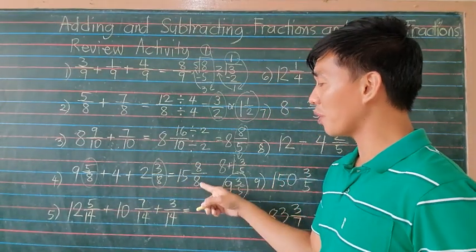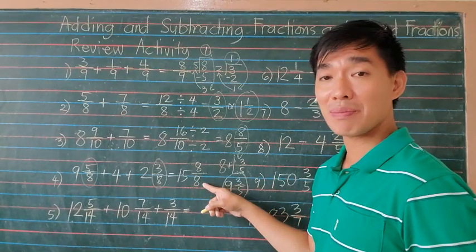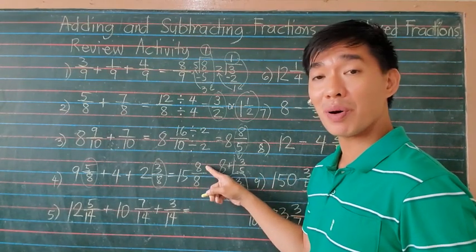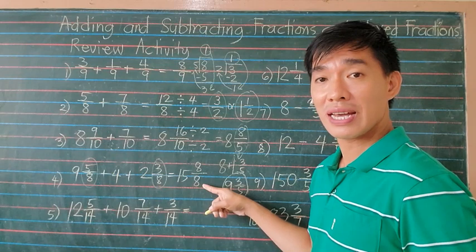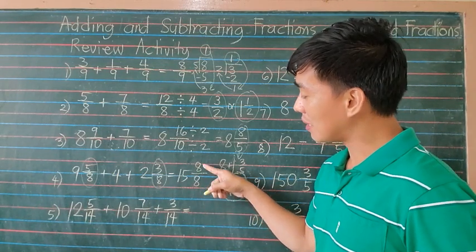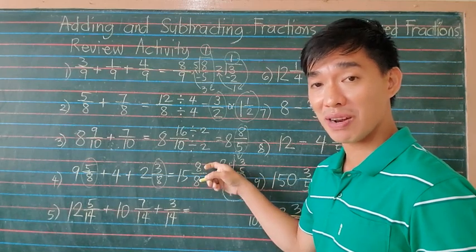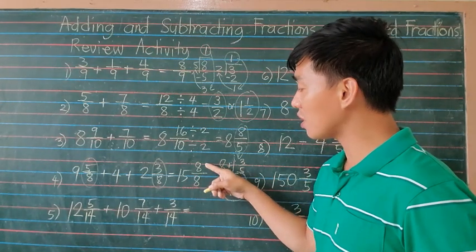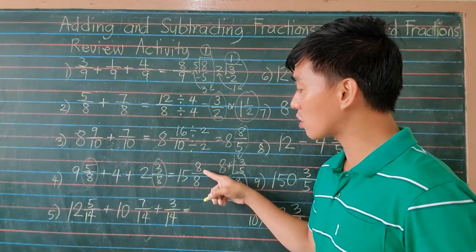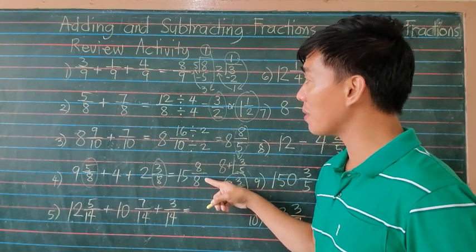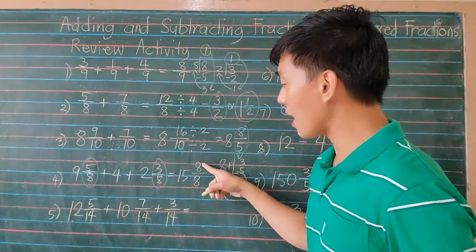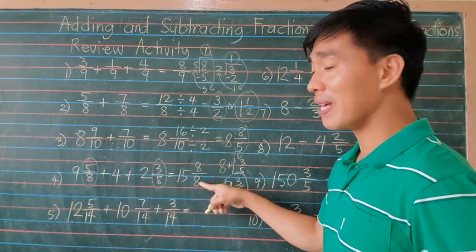In this case po, yung 8/8 po, this is an example of an improper fraction also. Kasi, kasing laki lang po ng denominator ang numerator. So, if that's the case po, pwede nating i-express into mixed number by dividing 8 by 8. 8 divided by 8, the answer is 1.